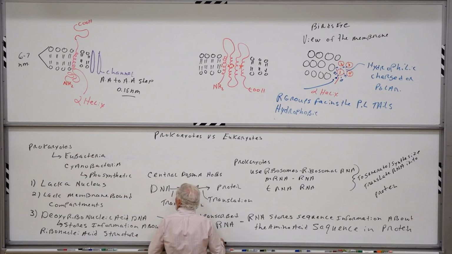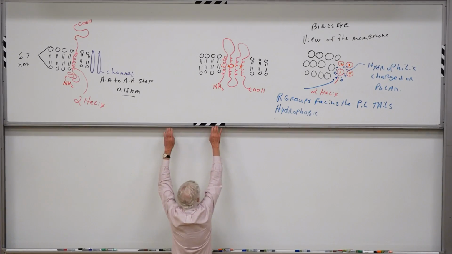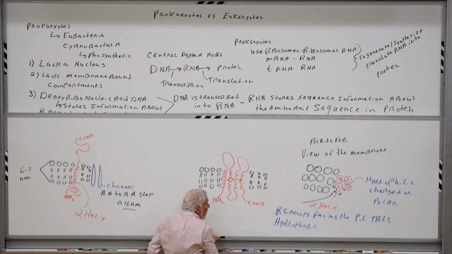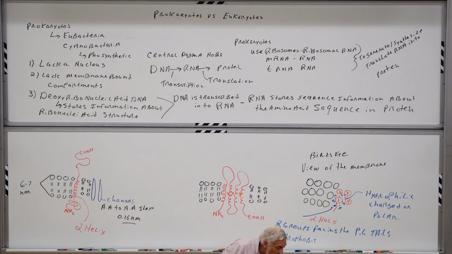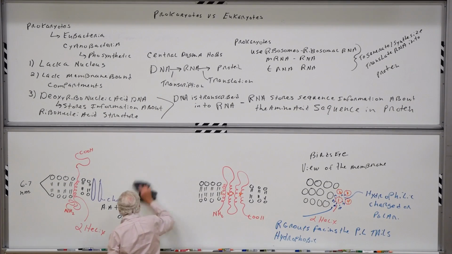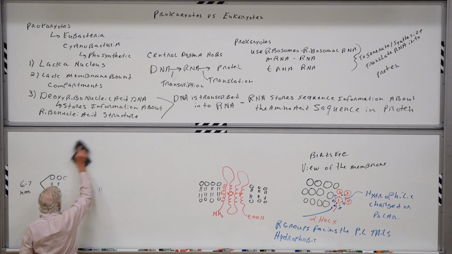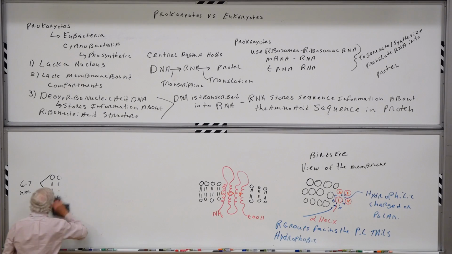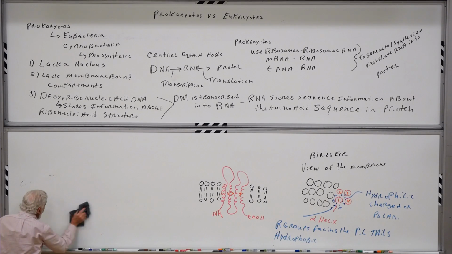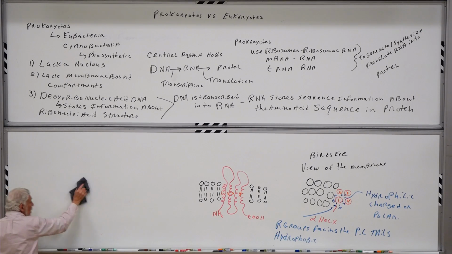When we draw an image of a prokaryote, and maybe this is the best way to summarize the fundamental differences between eukaryotes and prokaryotes, is that when we describe the structure of a prokaryote, the structural organization is fairly simple.